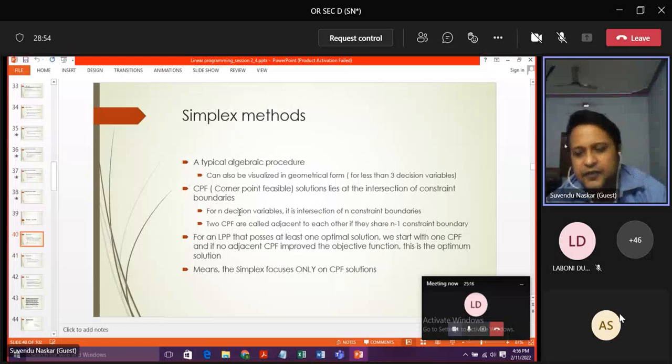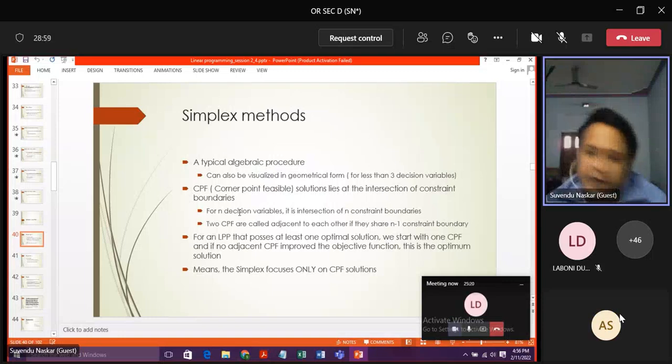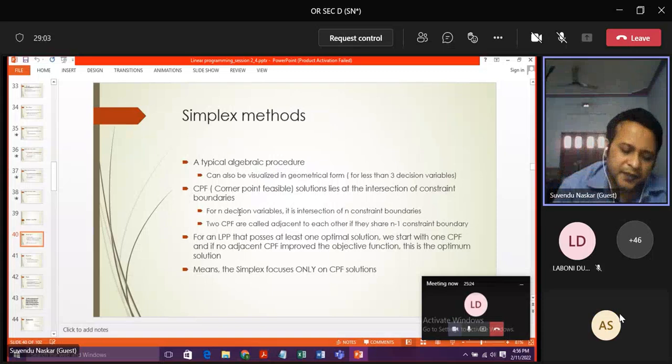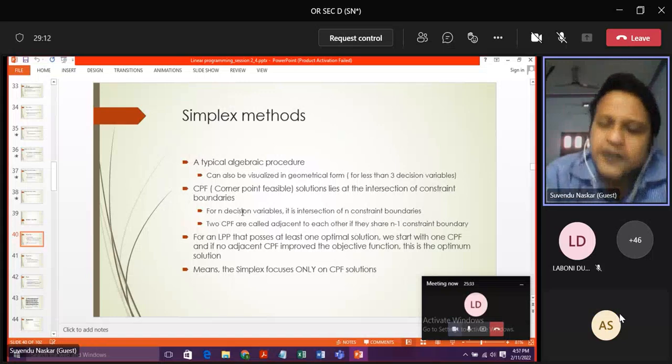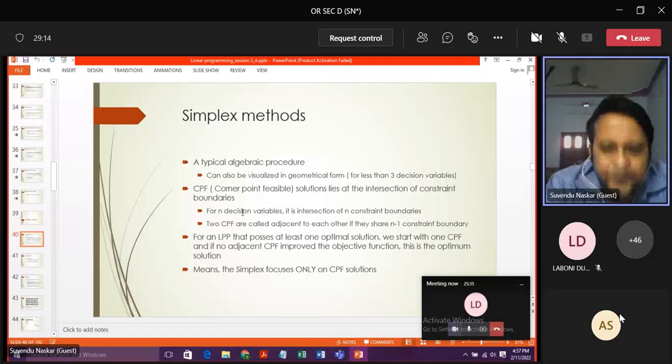So the point here is that you choose that direction where the rate of increase of Z is the maximum for a maximization problem. The reason for telling this is that possibly the same intuitive understanding we will adopt in solving LP or simplex, all these things.